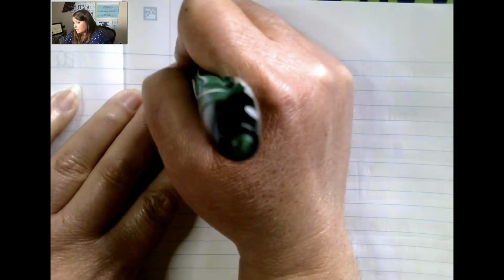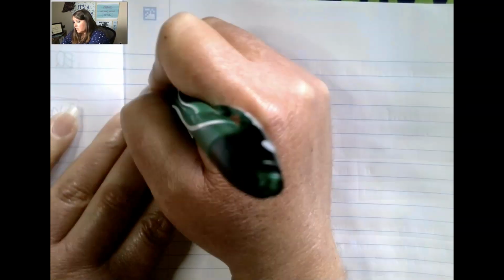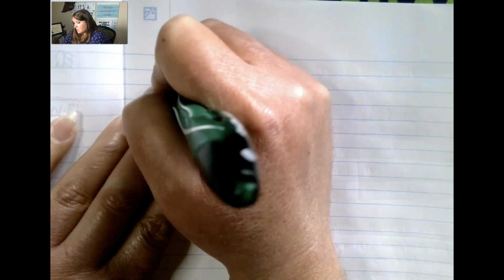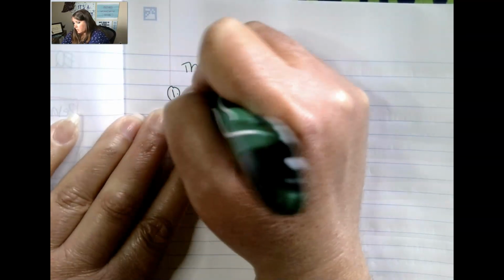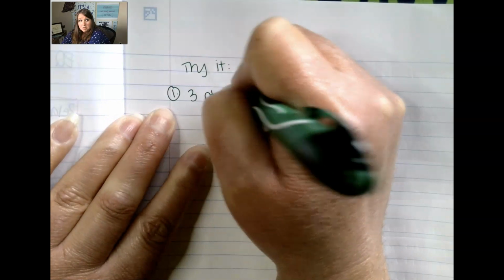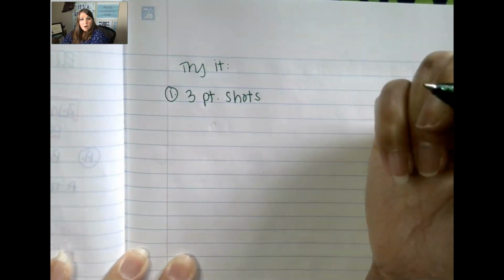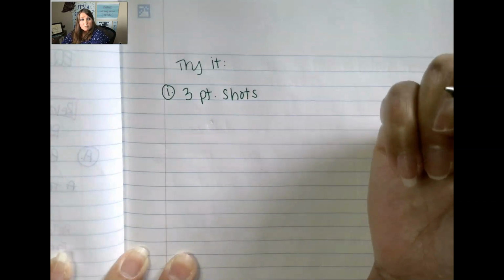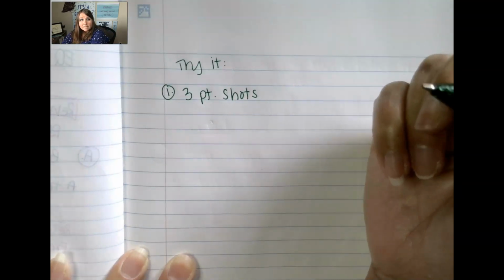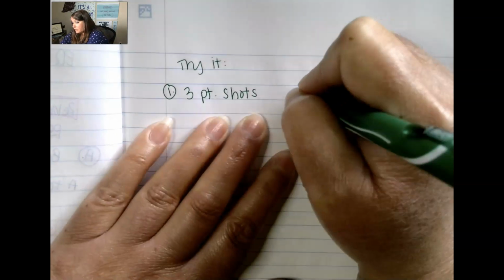Okay, you are attempting to make 3-point shots. So your try it, your experiment, is 3-point shots on the basketball court, and you represent the numbers made and the numbers missed in a frequency table.